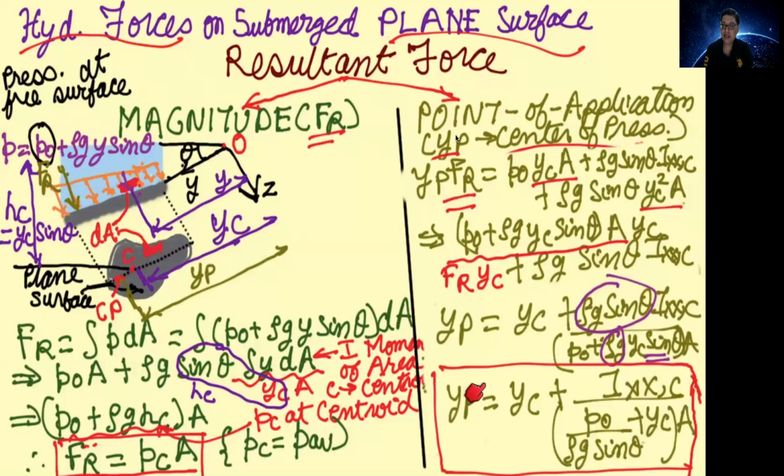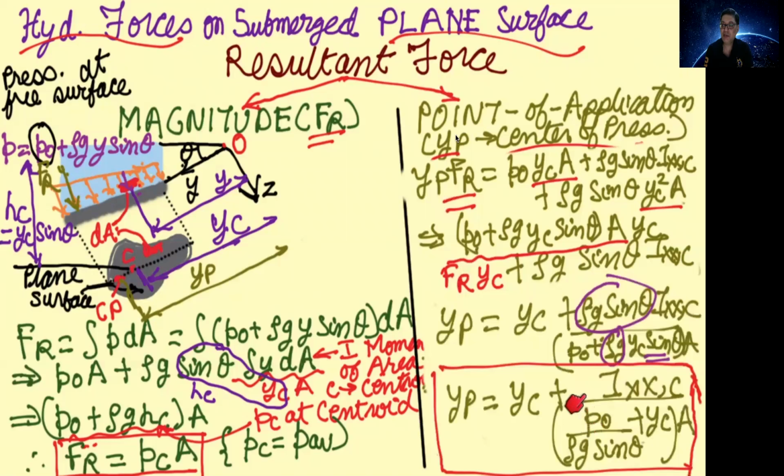Note that it consists of two terms. First term, the y coordinate of the centroid, this yc which is shown here, and so yp is equal to yc plus a second term which is a positive term. This is the moment of inertia of the plate about the centroid divided by P naught, which will be atmospheric pressure if the free surface pressure is atmospheric.